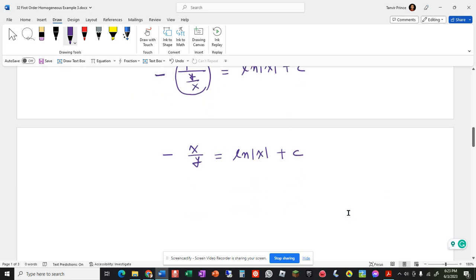So I can cross multiply both sides. If I multiply this way, I get y times ln of x plus c equal to, if I multiply this way, I get negative x. So I'm just moving this negative on the top.